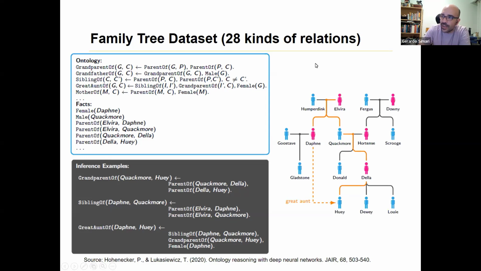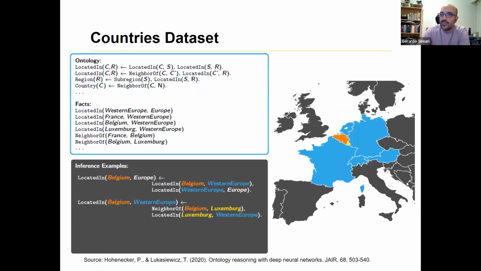And in the graph here, we can see that it can get pretty complicated. There's 28 kinds of family relations. Not a lot of these we generally refer to in our everyday lives, but they do exist. The other one is a countries data set, which is also quite similar, but it's just a different domain, where the ontology says which country is located in which region, who's a neighbor of whom, and subregions.